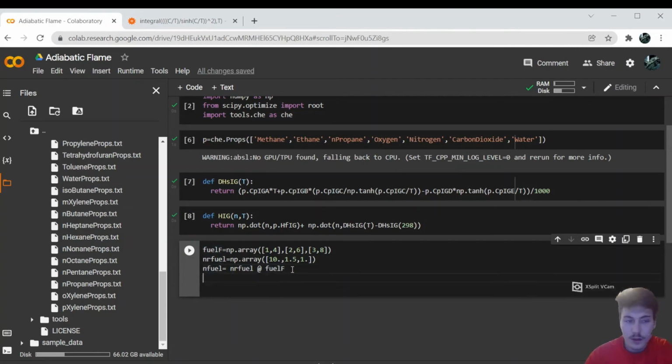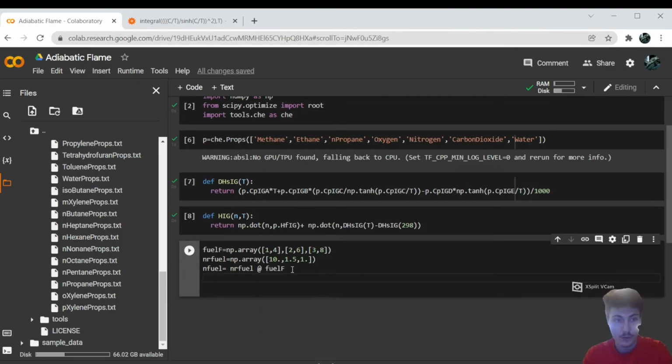Okay, so now we have almost the correct ratio of the amount of methane, ethane, and propane that we have in there.